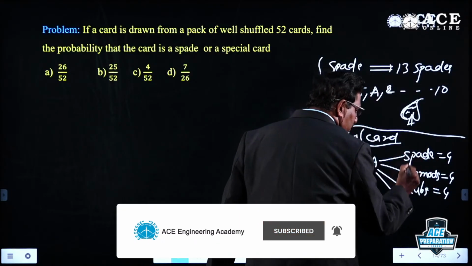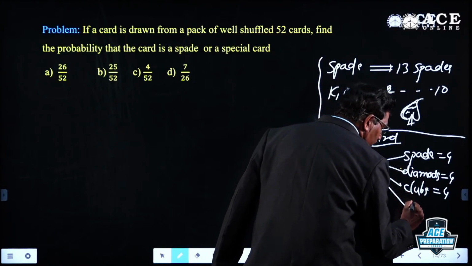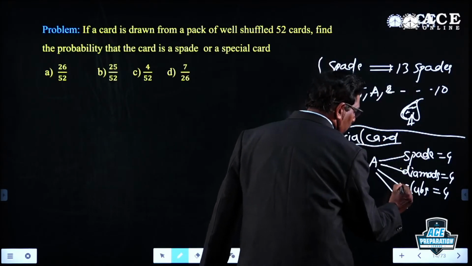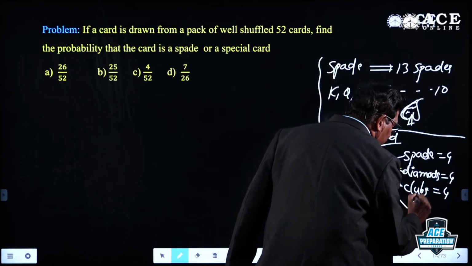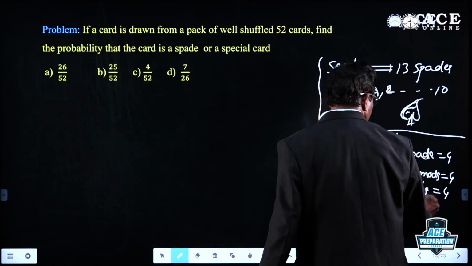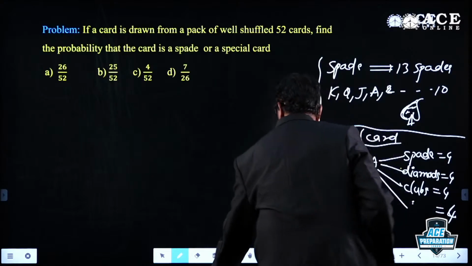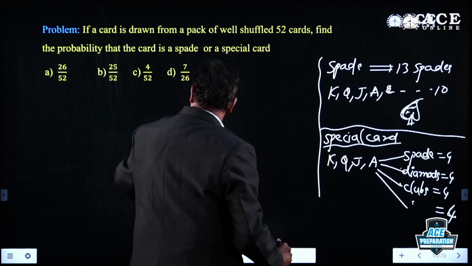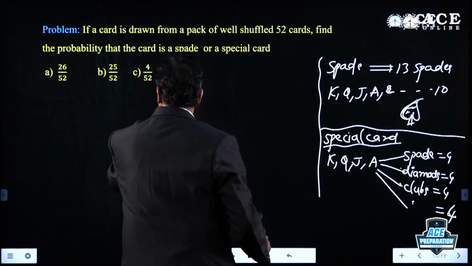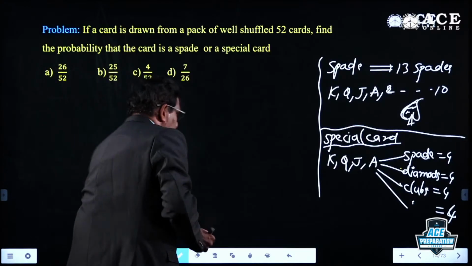Spade, club, diamond, and one more. This is also 4. Now the total is 16.